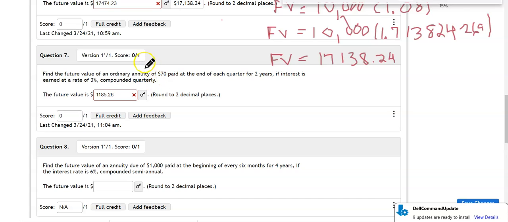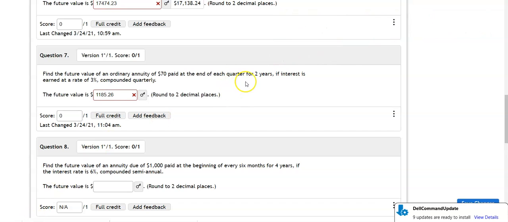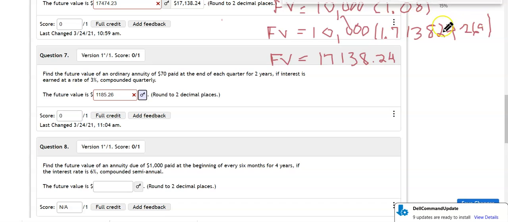Now let's notice this time where our $70 is being paid on a regular basis instead of one lump principal like we had in 5 and 6. So we're in a different formula now. So I'm going to write down the formula here, and hopefully I'll use the same variables that our book does, but it's essentially the same.